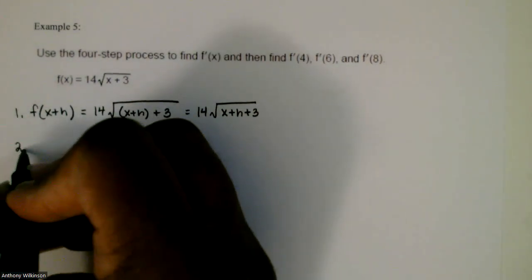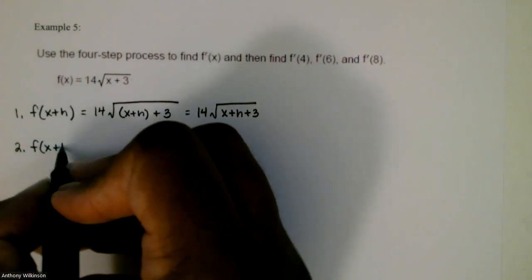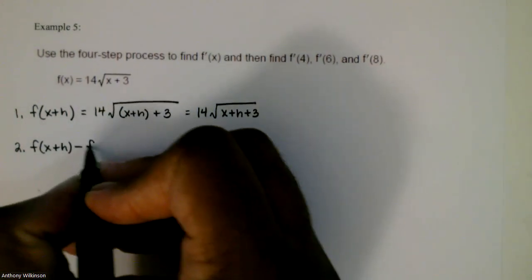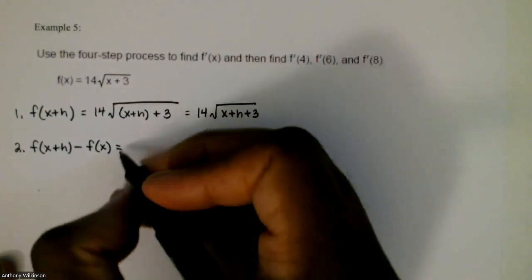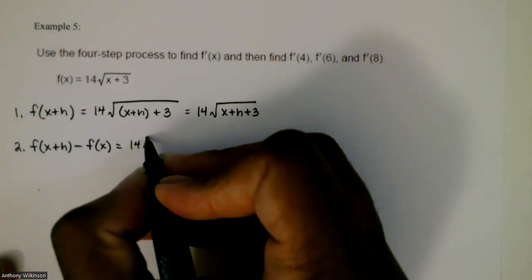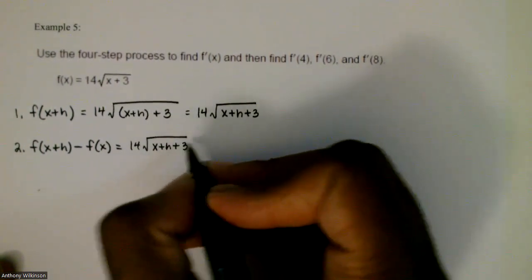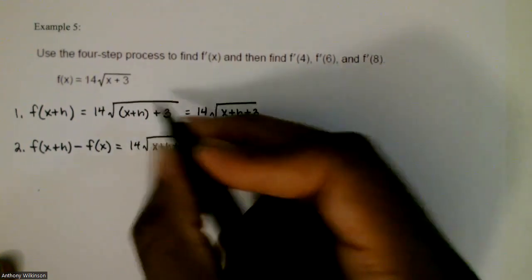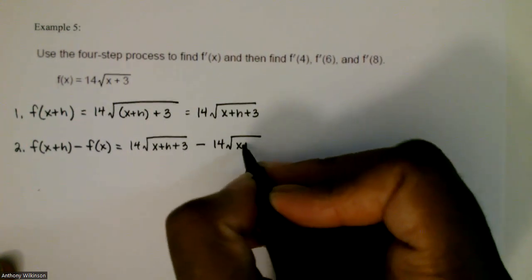Now, step number 2 is to take the f of x plus h, subtract f of x from it. So f of x plus h was 14 times the square root of x plus h plus 3, minus f of x was 14 square root of x plus 3.